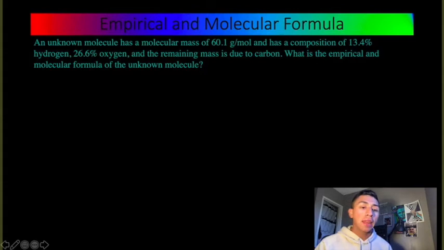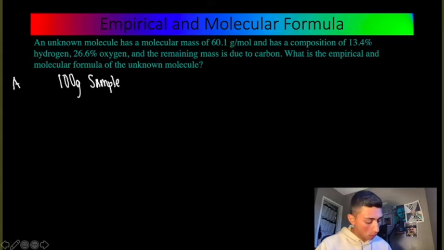Now, in the last problem that I just went over, I essentially assumed that I had a 100-gram sample of the questioned or unknown molecule, right? I was able to assume that because I had the percent composition of each element in that sample.